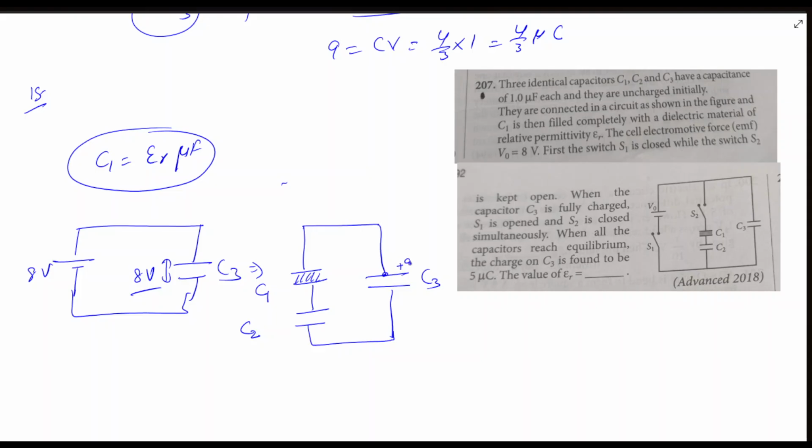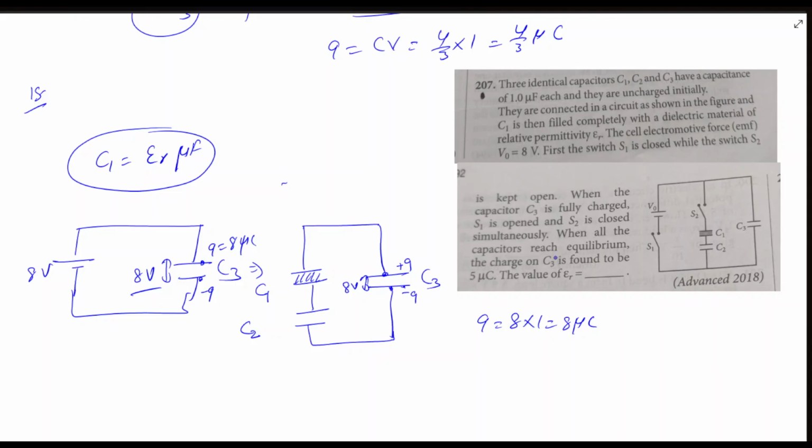So here it will be plus Q, and here it will be minus Q. Let's find the Q also. So Q will be 8 into 1, so it will be 8 microcoulomb. So here the charge is 8 microcoulomb, and here it will be minus Q, right?